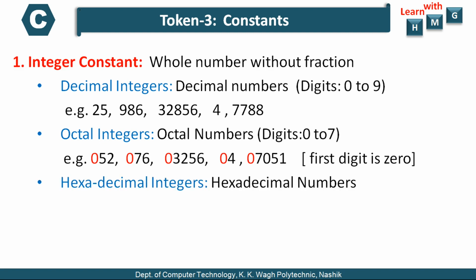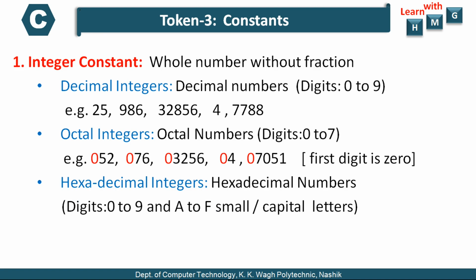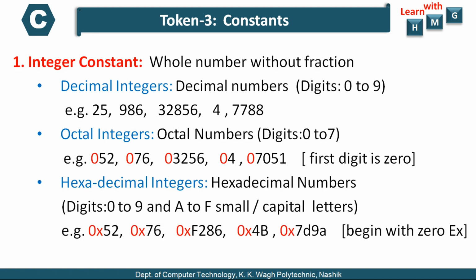Hexadecimal integers, these are hexadecimal numbers, and the 16 digits are there, 0 to 9, and the alphabets A to F in small or capital letters, and these constants begin with 0x followed by any digits between 0 to 9 and A to F. So some examples are given, and all these are considered as integer constants in C.